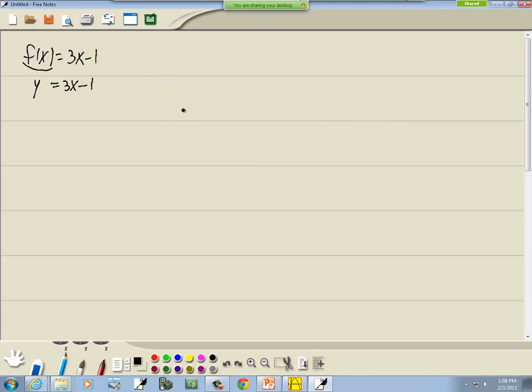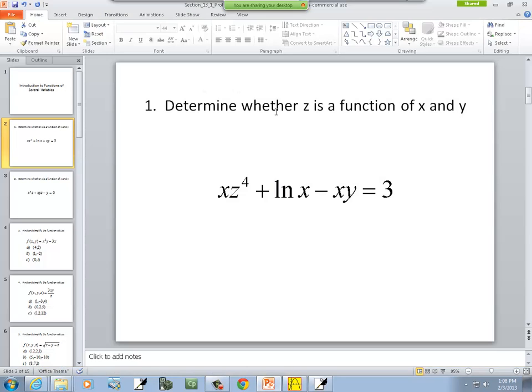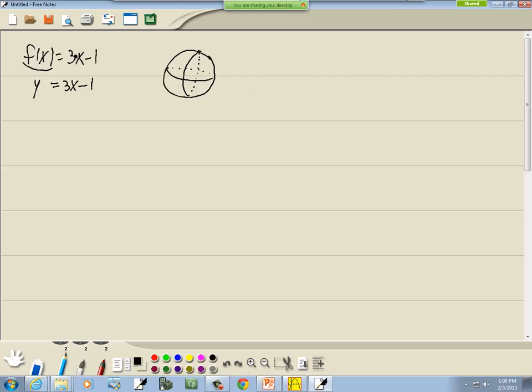I probably could graph it, but if we had a sphere, for example, looking at a 3D picture like that, what this is asking us to determine is this: for two variables, we had that for every x there's only one y.